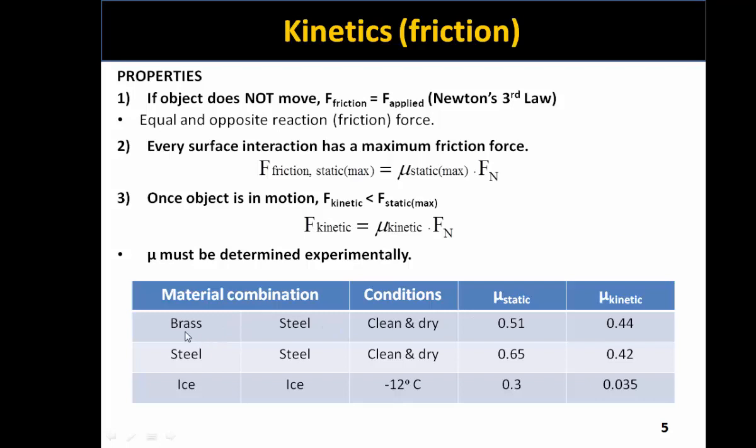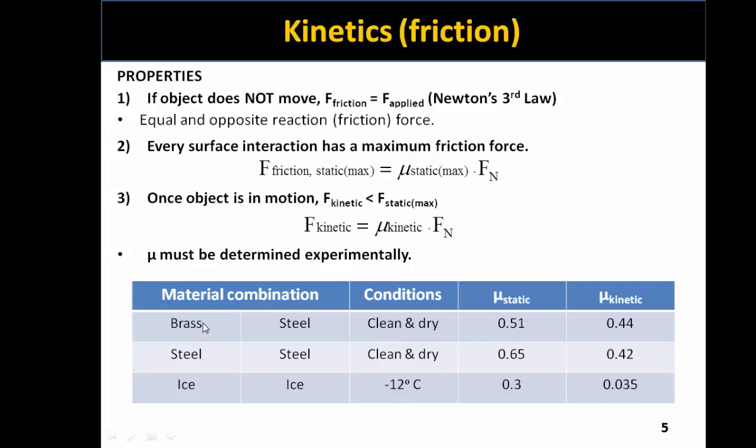So what we see here, if we have a brass object sliding across a steel surface, and it's important to note that the steel surface is clean and dry, the coefficient of static friction is 0.51.